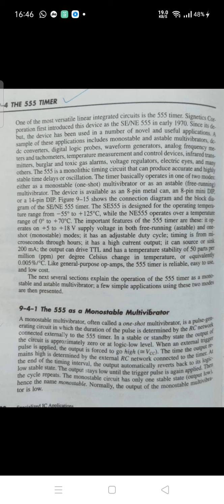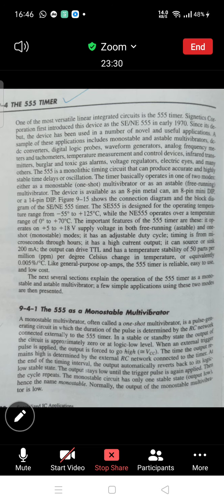It has a high current output. It can source or sink 200 milliamperes. The output can drive TTL and has a temperature stability of 50 parts per million per degree Celsius change in temperature. So now we just see the block diagram of the 555 timer and its pin connections.